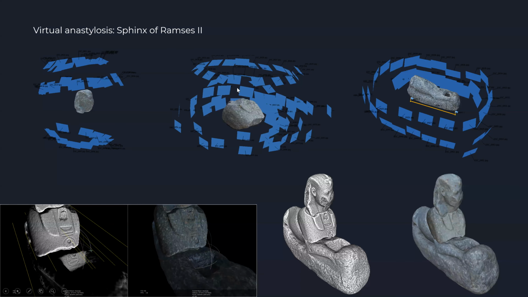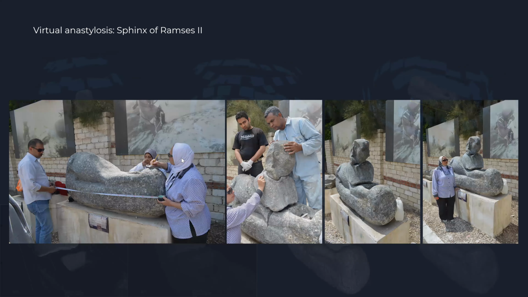We made a photogrammetric model of the three pieces before the restoration team did a physical restoration, and we made sure the three pieces belong to the same statue only by using computer graphics, as you can see here, before and after. After that, the restoration team went to the site and did the physical restoration of the Sphinx statue.